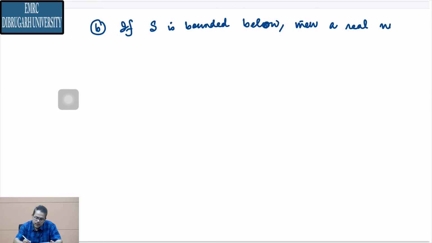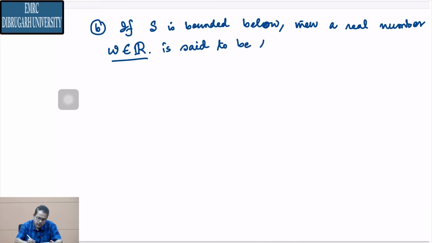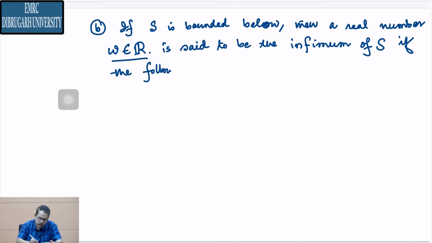If S is bounded below, then a real number W is said to be the infimum of S if the following conditions are satisfied.